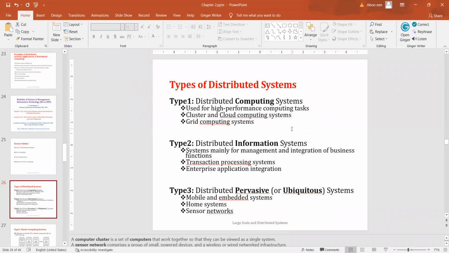Cloud computing systems. Any idea about cloud computing?